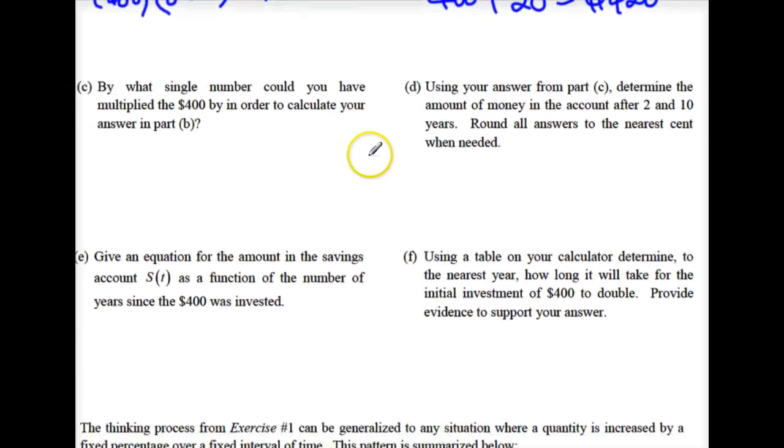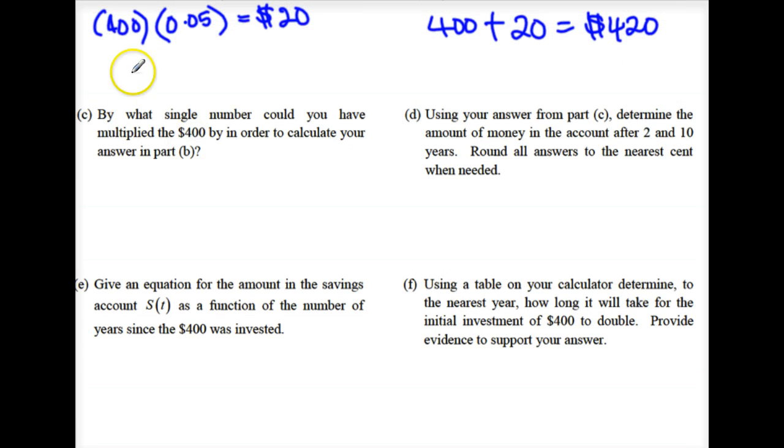Now this is where we're going to start to make inferences. By what single number could you have multiplied 400 in order to calculate the answer in part B? So this is where you think. What did I basically do? I took the $400 plus the interest, which was the 400 times the 0.05. And this is what gave me that 420, right?